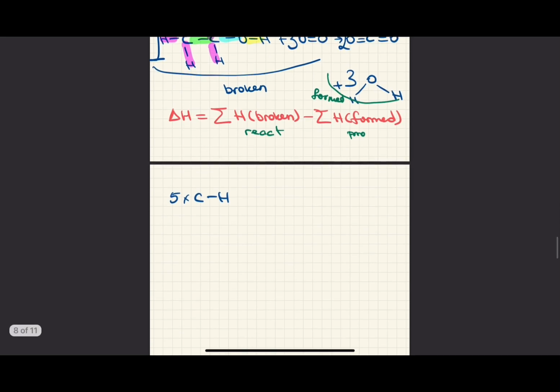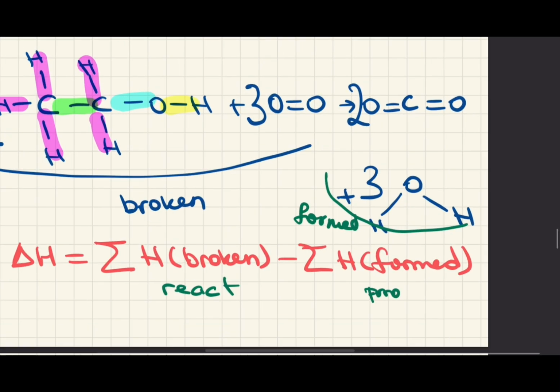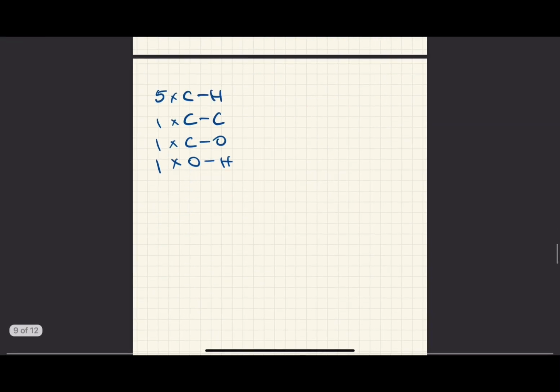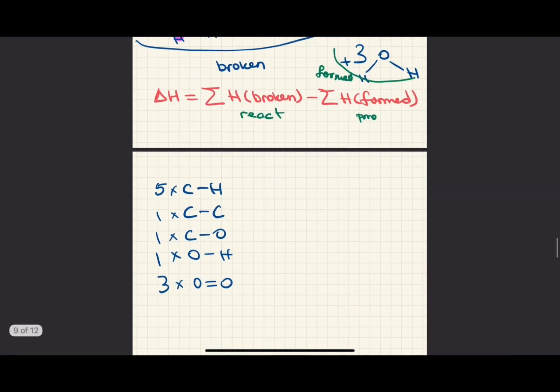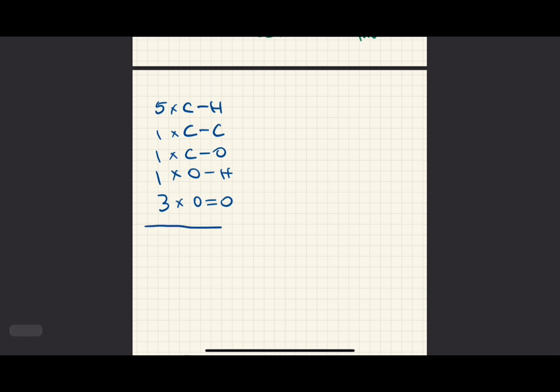So I will do carbon with carbon, only 1. I have carbon with oxygen, 1, and I have oxygen and hydrogen is 1. I also have on the broken side 3 oxygen, so I'm going to do 3 of the oxygen and oxygen bonds. Now I need to take the sum of this, okay? This is the broken.